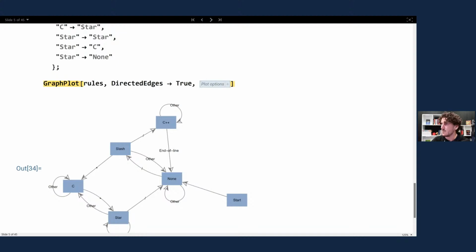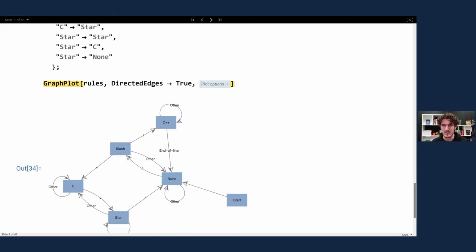And Abraham Campos has asked, can we use this to make flowcharts? Yeah, why not? There's lots of software out there you can use to make flowcharts, but I see Wolfram Language as a perfectly good tool to make flowcharts with.